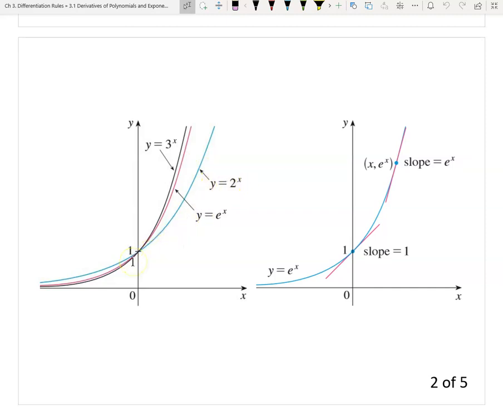And the slope is greater than 1 for 3 raised to the x power. What does it mean? From a number less than 1 to a number greater than 1, in the middle we should have another exponential function whose derivative equals 1. That's what we define. If the derivative equals 1, like this pink one, we call it y equals e raised to the x.